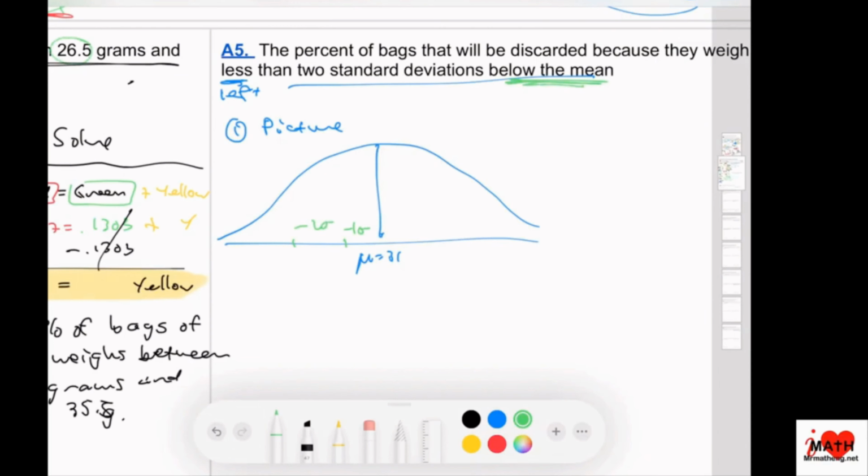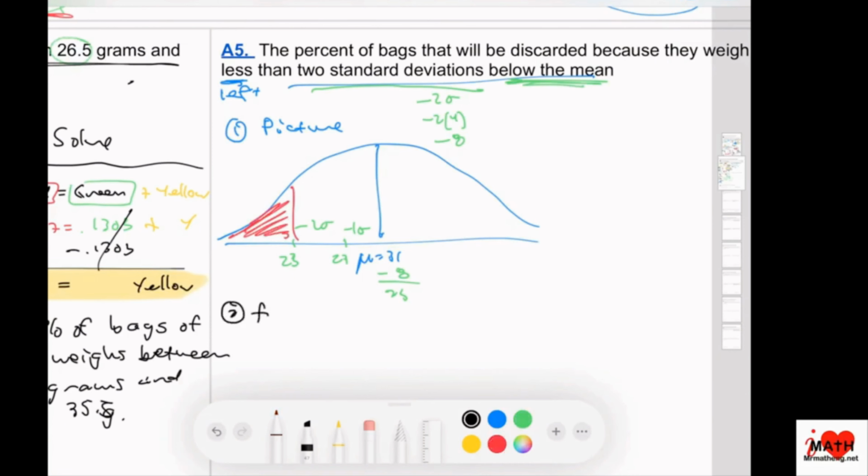And then I'm just subtracting 4. So this would be 27, this would be 23. It doesn't say 23, but I figured it out by subtracting 4 twice, because that's 2 standard deviations below. Here's another way of figuring out 2 standard deviations below. We know the standard deviation is 4 in this problem, so that's minus 8 from the center. So 31 minus 8 is 23. So basically what we're doing is figuring out this red area.